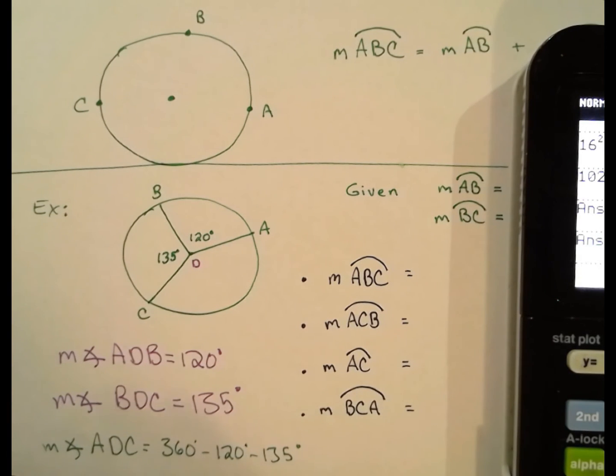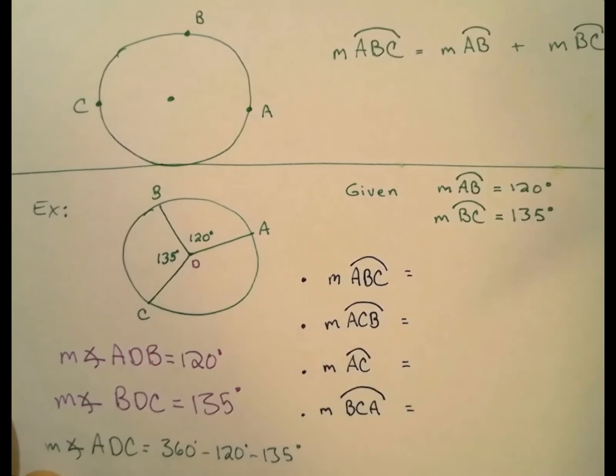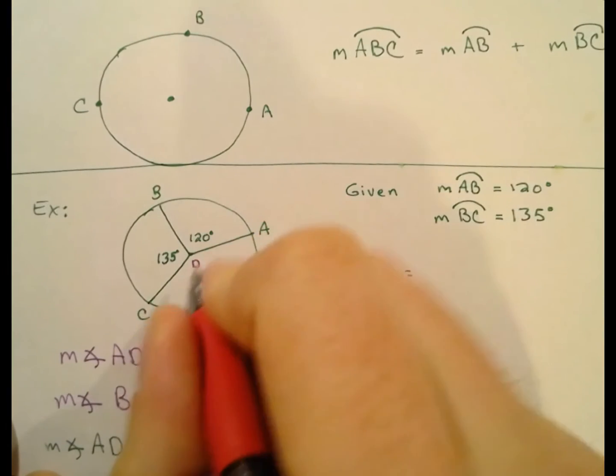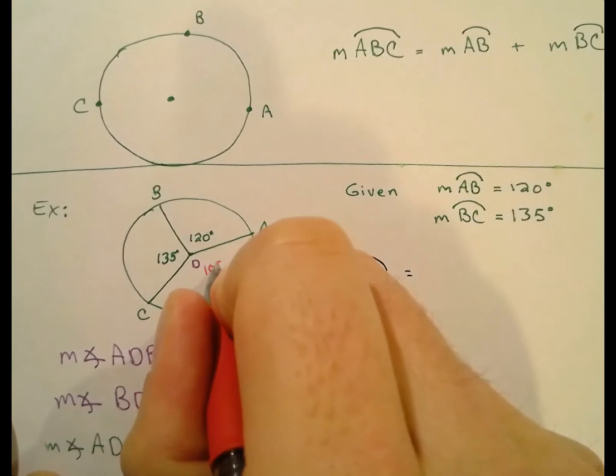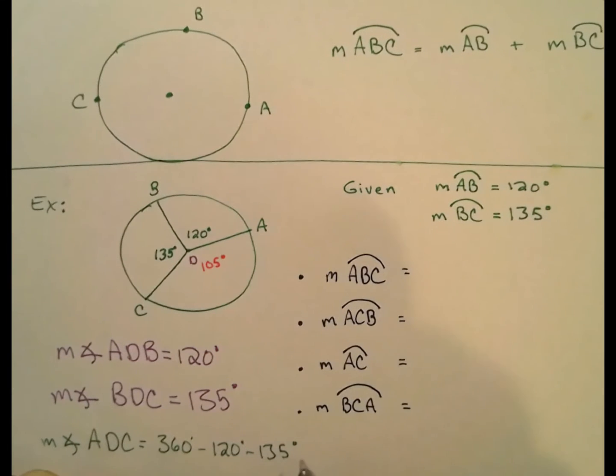My mental math is definitely not firing on all cylinders lately. Yeah, 105. That should have been obvious. And then we'll just add that info right into our picture. Once you realize something, mark your picture up.